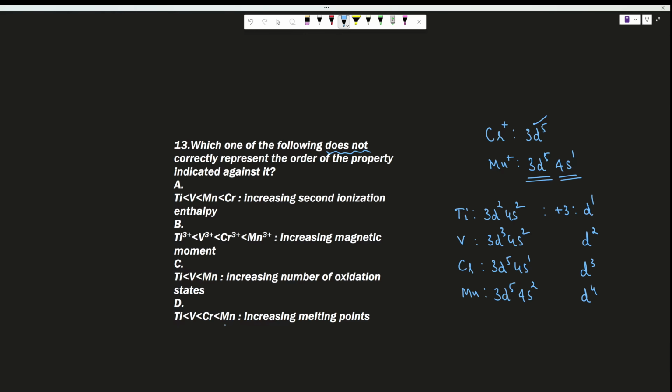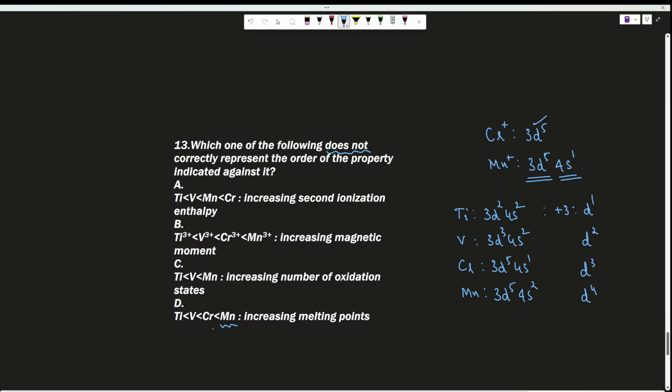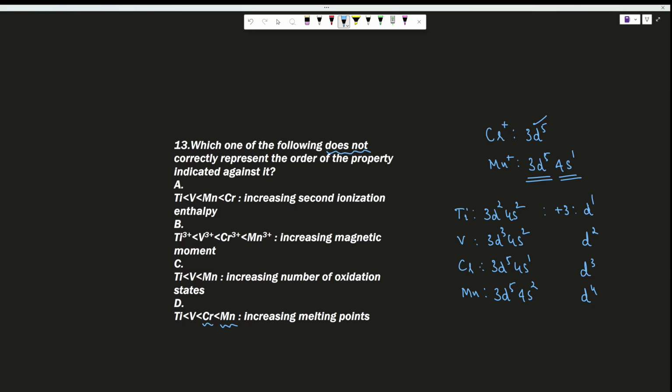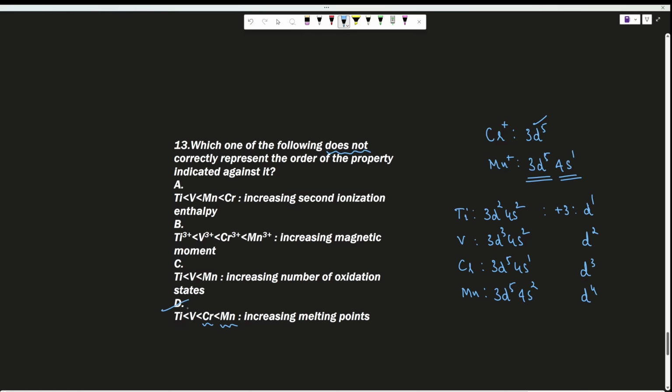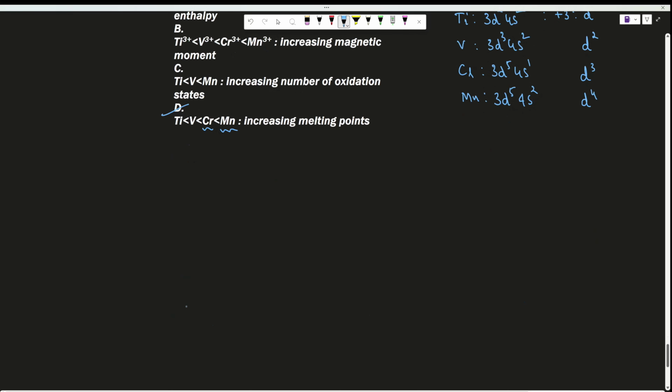It is given that manganese has more than chromium. Theoretically it should have been correct, but we considered in a previous question that there is an anomaly for manganese. It goes below in the curve, so it does not have a higher melting point than chromium. So this is not correct. Okay. Next.